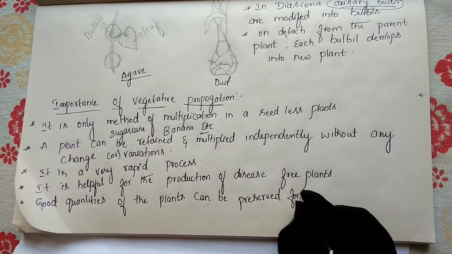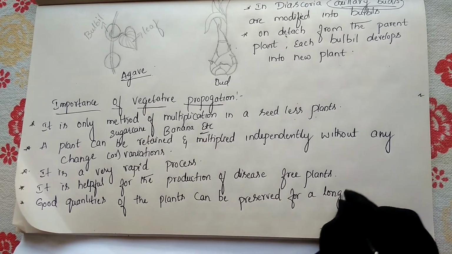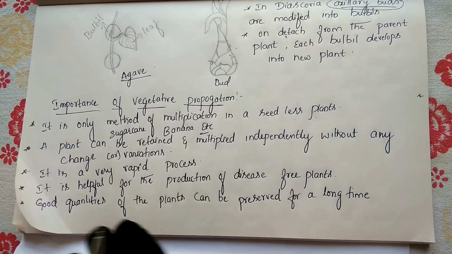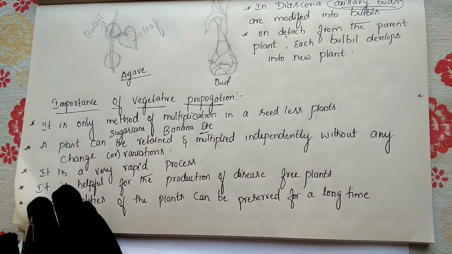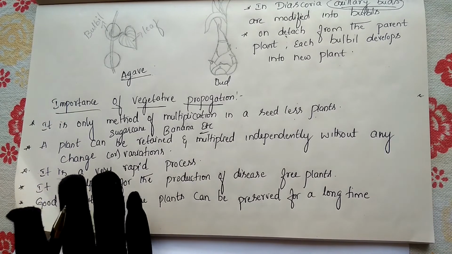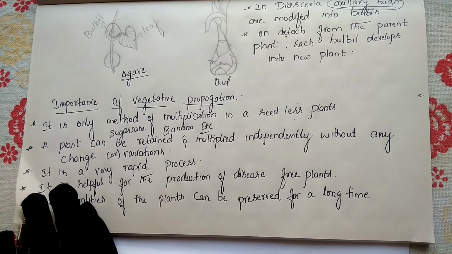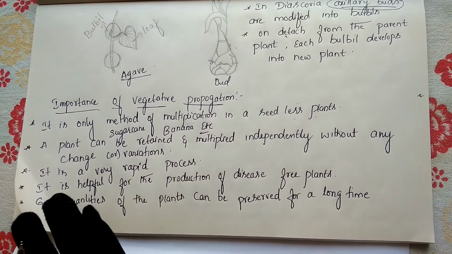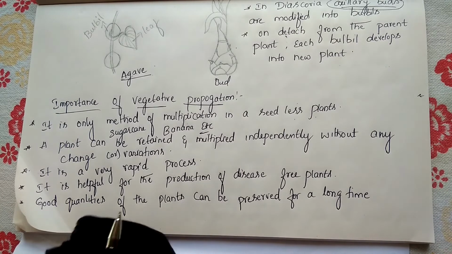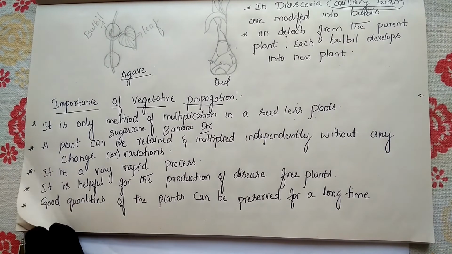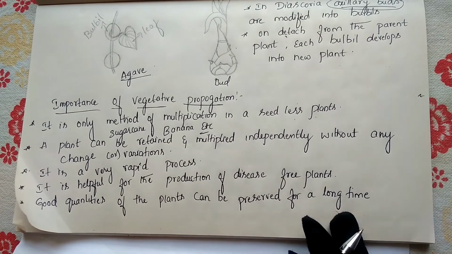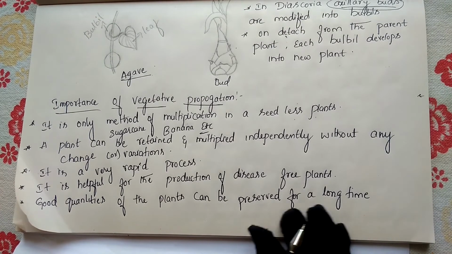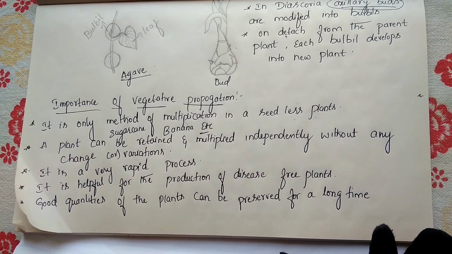That means if the parent has any good quality, that quality can be preserved for a long duration of time. It will not get destroyed. If the plants have any good character, we can retain those good characters for a longer period. We can preserve them for a longer period of time without any destroyer.